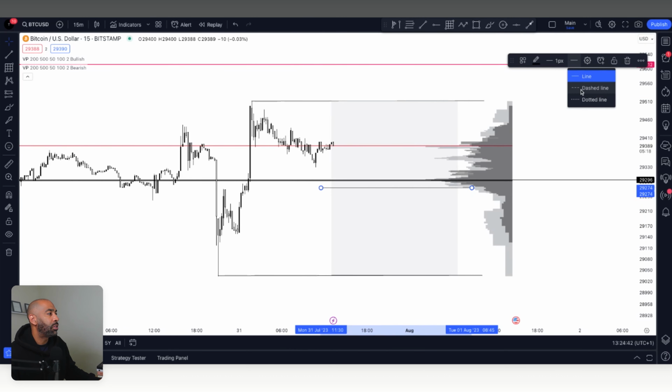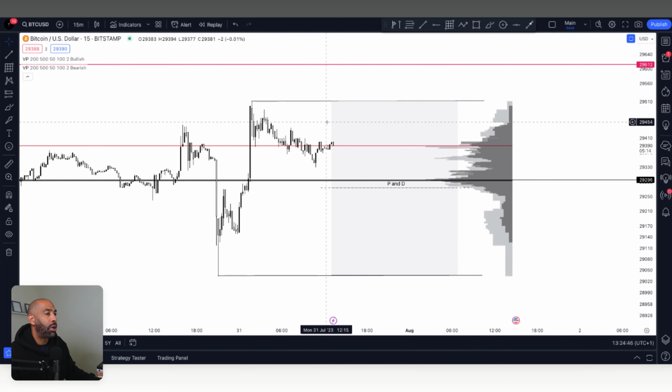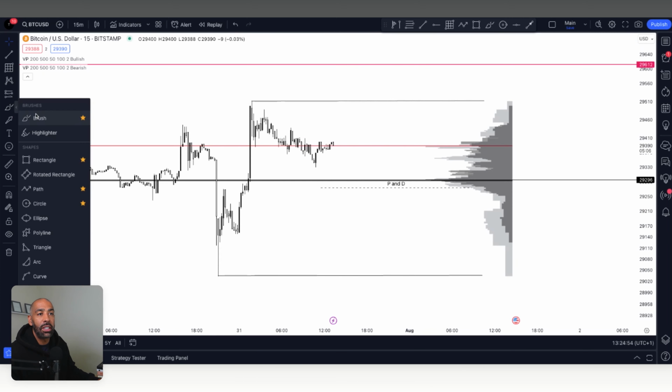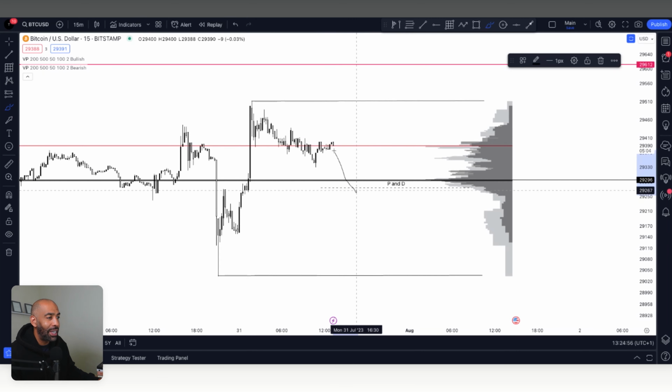Let's move that to there. And we've got a premium discount just there. I now know that my premium discount is going to be in this level here. So I'm looking to long once we get into that discount level. So I would be looking to long in here, and I'm looking to short in here. This is what I'm looking for.